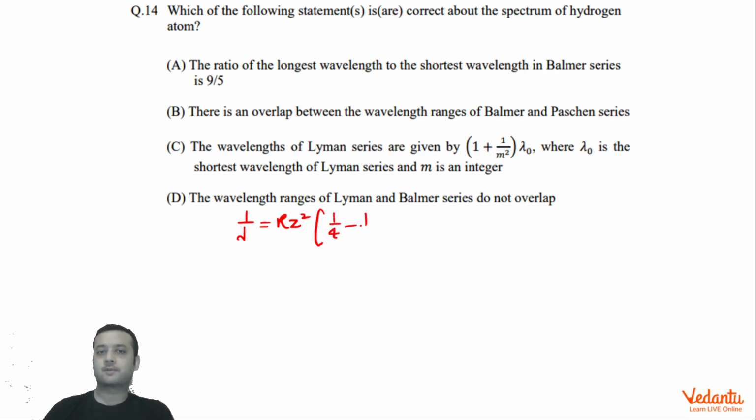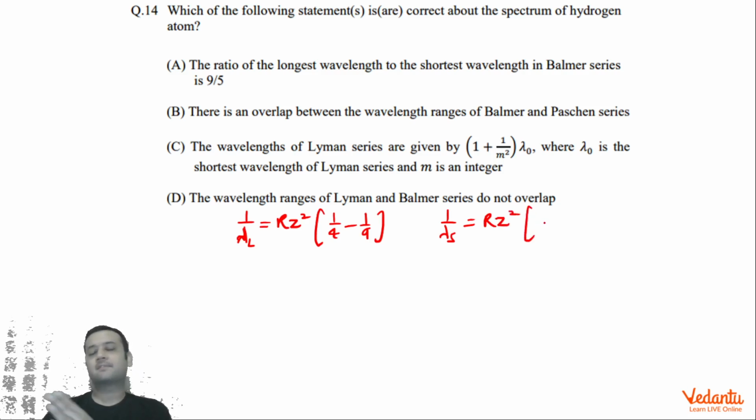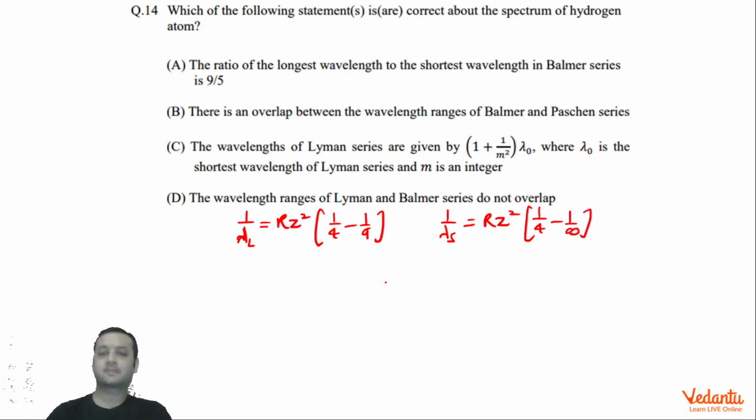That will be 1 by 4 minus 1 by 9. So this will be lambda for smallest energy, that means longest wavelength, and 1 by lambda shortest will be equal to RZ square. This will happen when the transition happens from infinity to n equals 2. That will be 1 by 4 minus 1 by infinity.